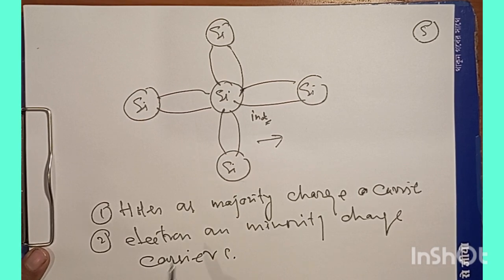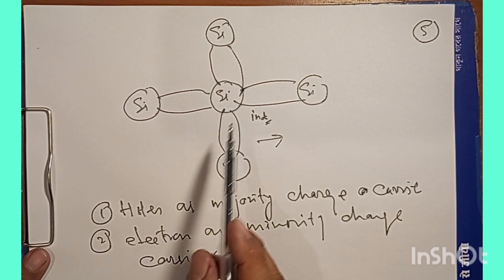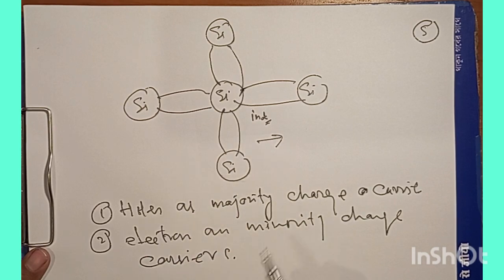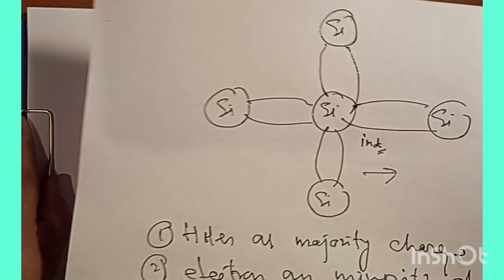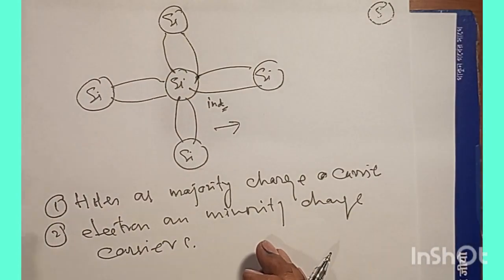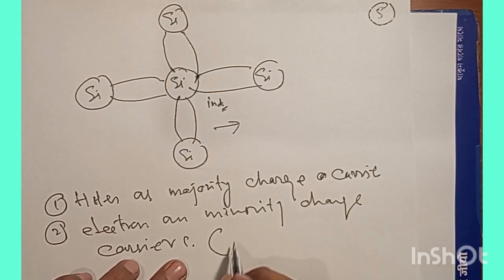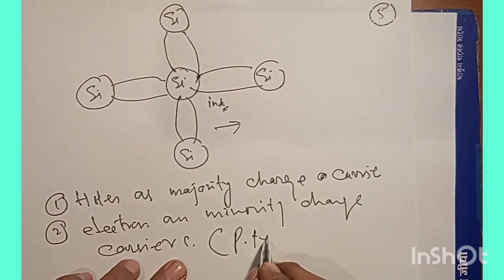This is the case where you are replacing the atoms by trivalent atoms like indium, gallium, aluminum, etc. Now, moving forward, let's talk about this. This type of extrinsic semiconductor is called a p-type semiconductor.